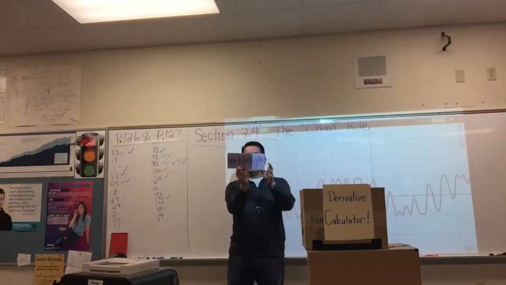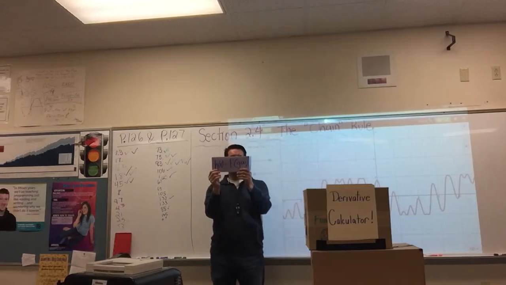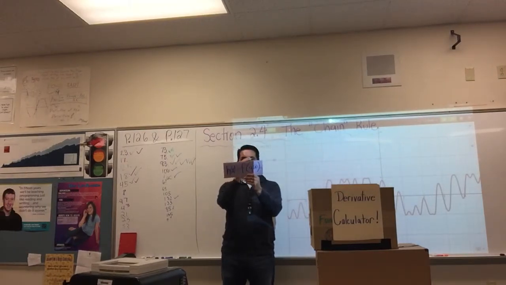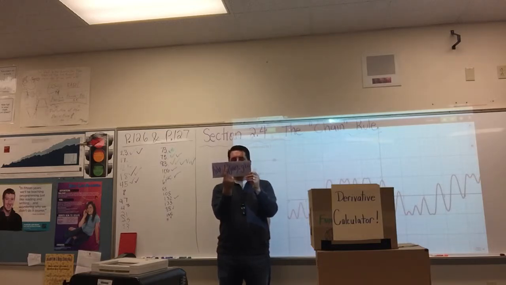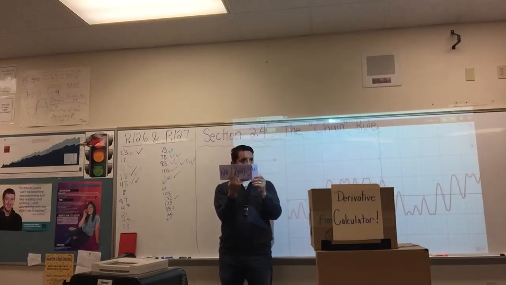Yeah. So back to here. It was h of x is equal to f of g of x. And then over here, it's f prime of g of x times g prime of x. Okay?